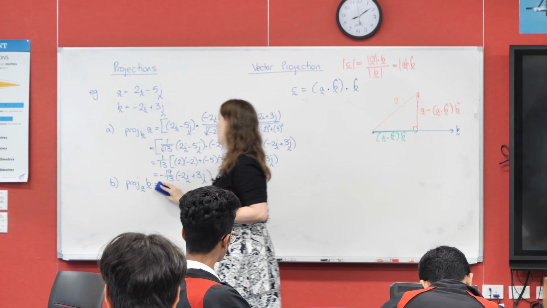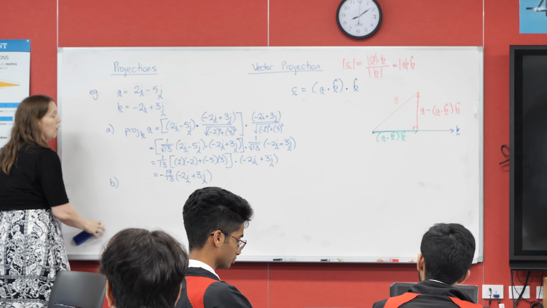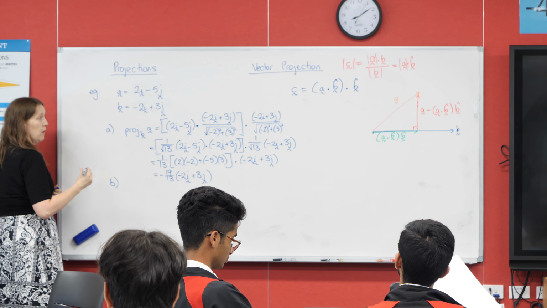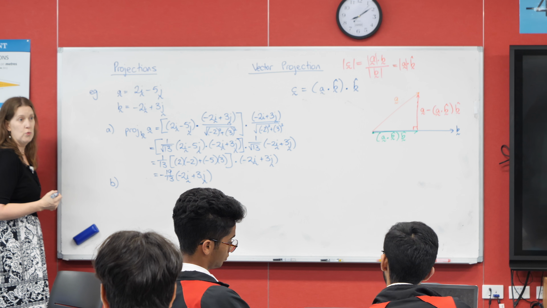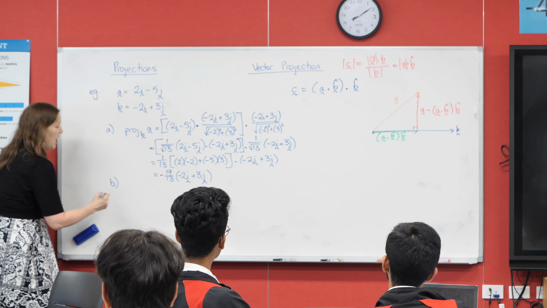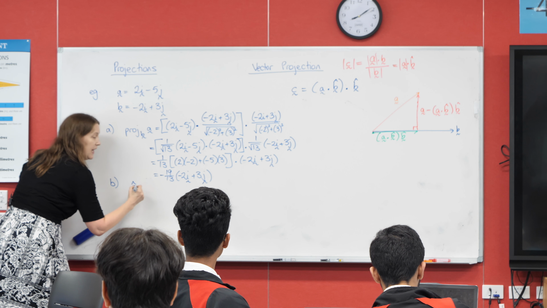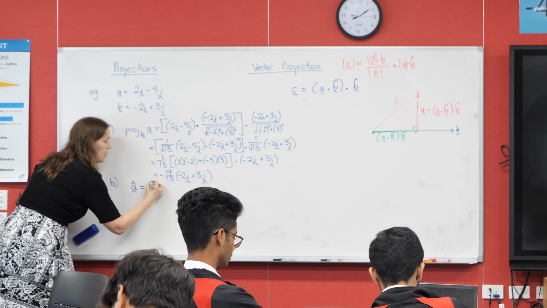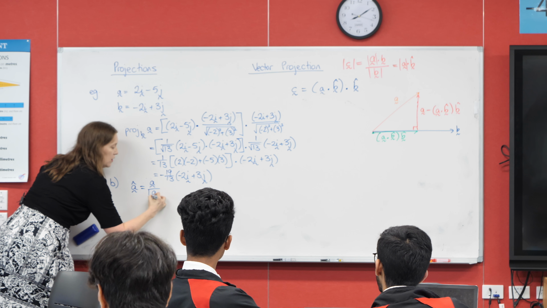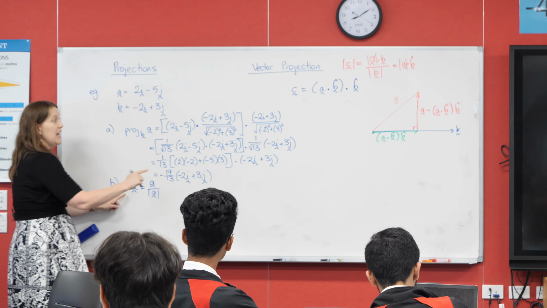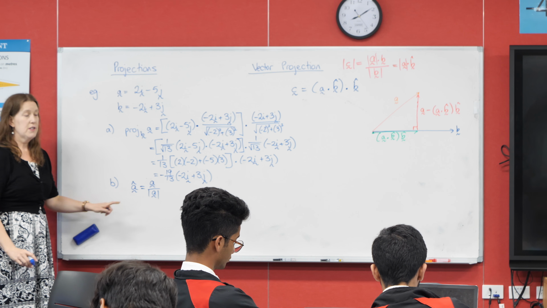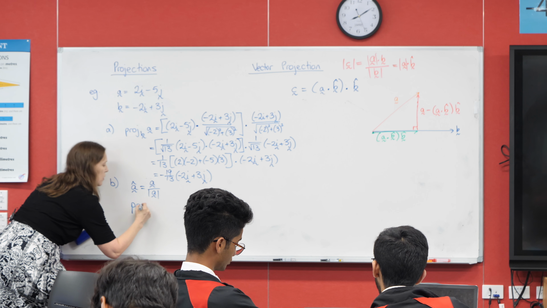So for me, if I was starting with the projection of B onto A, what's the first thing that I would need? Which unit vector? I need unit vector A. And I can do that very quickly by doing A over, I'm trying not to give you the answers, A. Then you've got this bit and this bit all sorted. So I'm going to give you a second and then we're going to go over the answer.